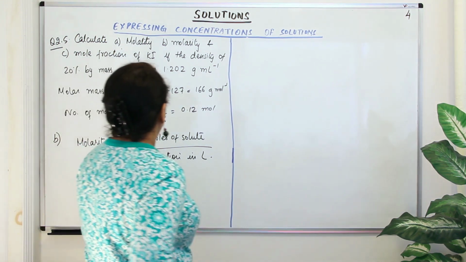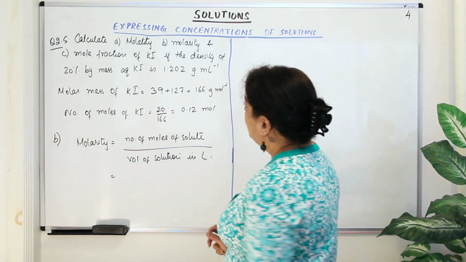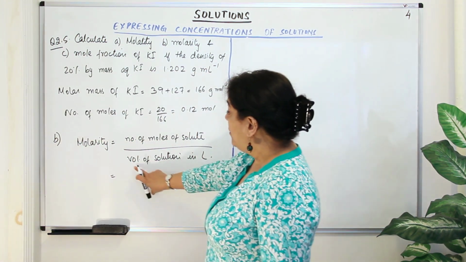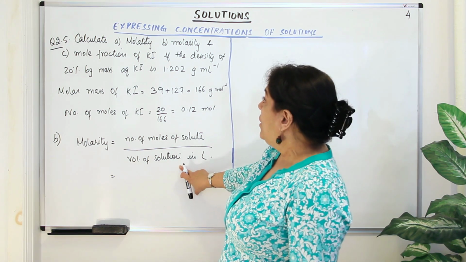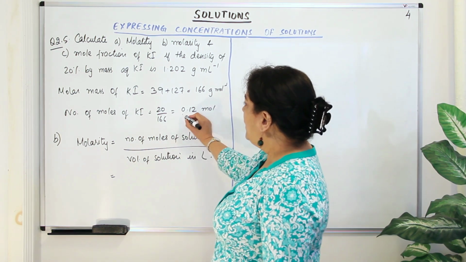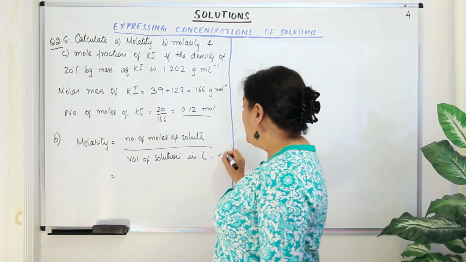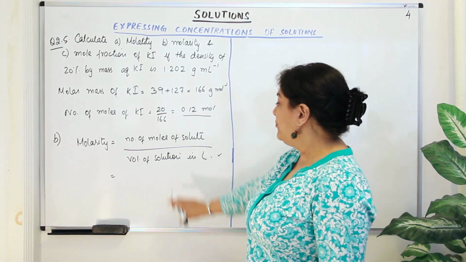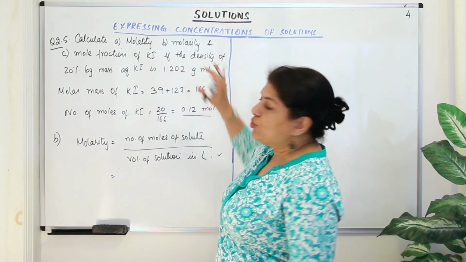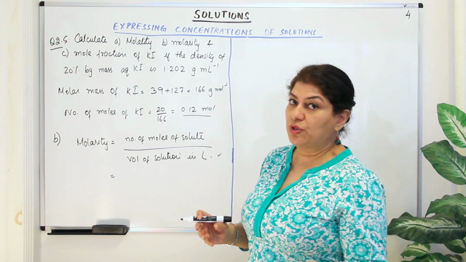Now the volume of solution in liters, we do not have. The number of moles of solute we have already calculated, it is 0.12 moles. But the denominator we don't know, the volume of the solution. Now what is given to us and how can we calculate the volume of the solution?